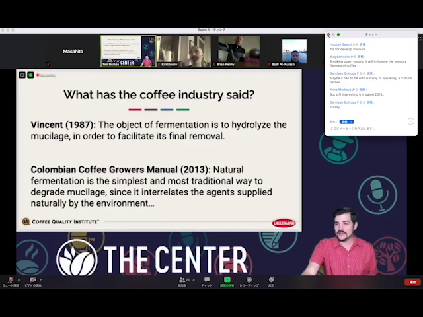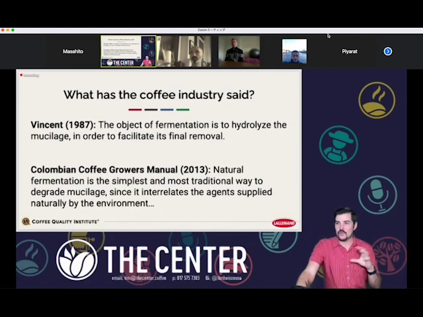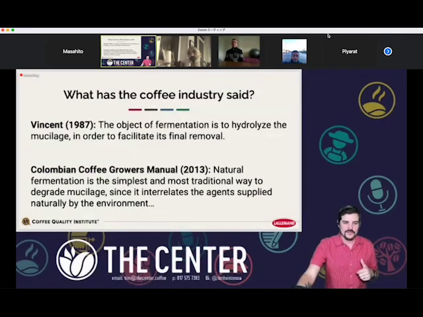If you think about Ukers back in 1922, we're talking about a time period where we're seeing the progression from lower quality, mass produced, natural, pick it and dry it type of strategies, to where we're seeing washed processing becoming such an important part in washing stations. So you can understand that each of these terminologies and discussions are rooted in the context that they come from. And so it's definitely an interesting discussion.